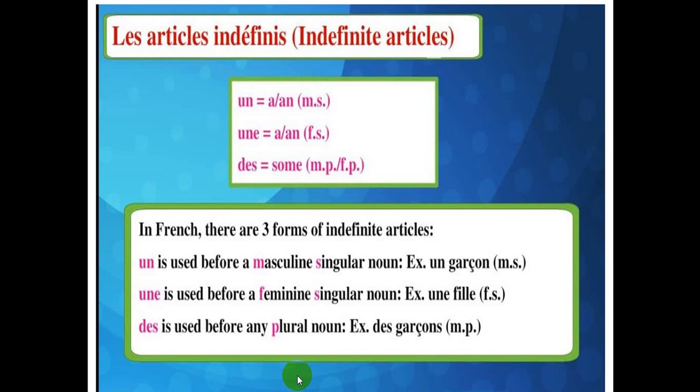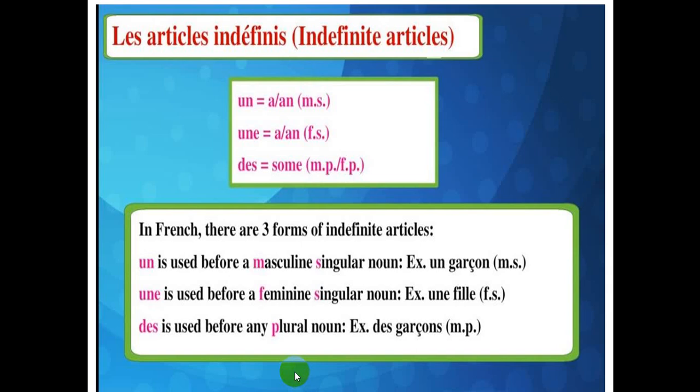If you compare this with the English language, where you use the articles a or an according to the consonant and vowel, in the same way we use articles in French according to the gender of the noun. As I've told you many times in my previous lectures, in French language, each and every noun has gender. Some nouns are masculine and some nouns are feminine. And which noun is masculine or which noun is feminine, this we have to learn.